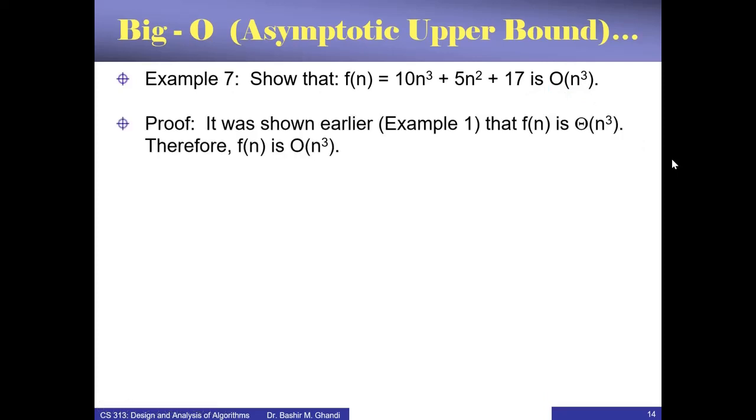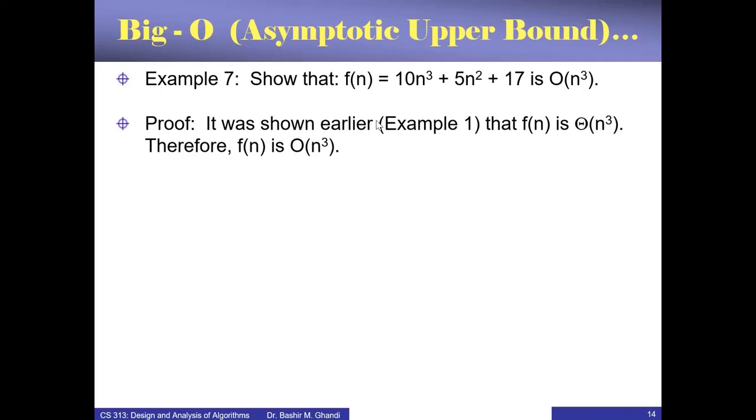Okay, so to prove, if we wish, we can simply refer to our earlier proof of theta, because in that we were able to find the two constants that satisfy both the two inequalities, and this time we are concerned with only one of the inequalities.